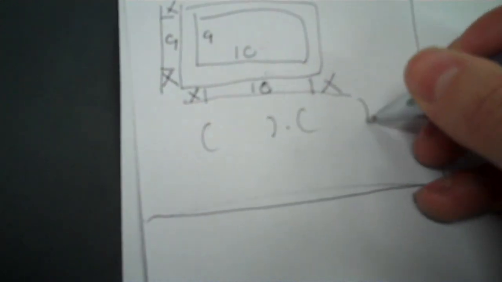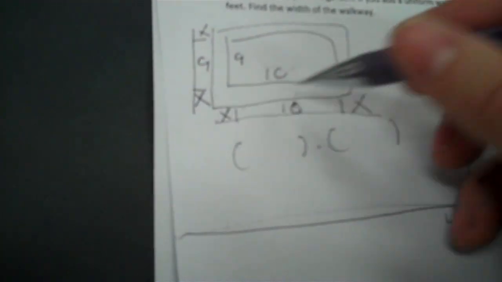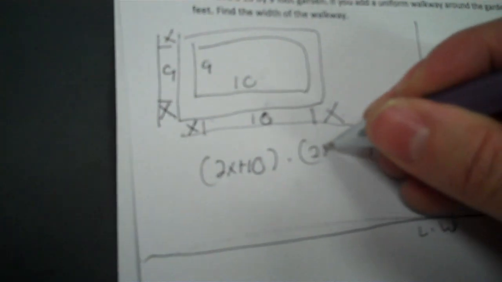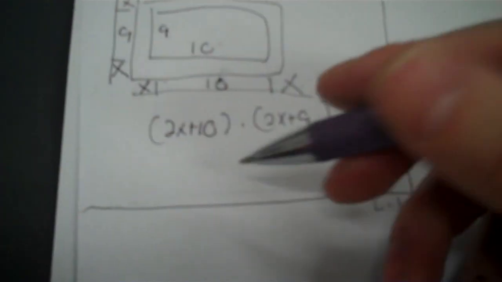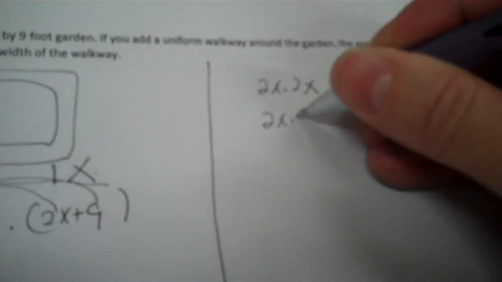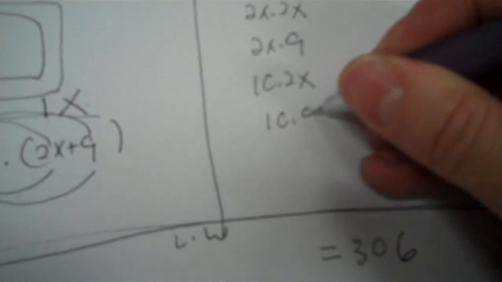Okay, so the length times width. The length is 2x plus 10. We've done these many times before, not this complicated. 2x plus 9. Now, multiply that using the FOIL method. 2x times 2x, 2x times 9, 10 times 2x, and 10 times 9.